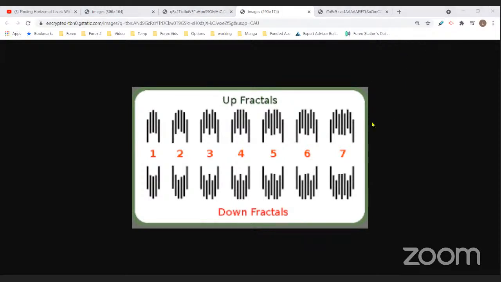It can be in a group. That's why I said 3, 5, 7, 9, 11, 13. By then it'll become more like a chart pattern, or more like a range.